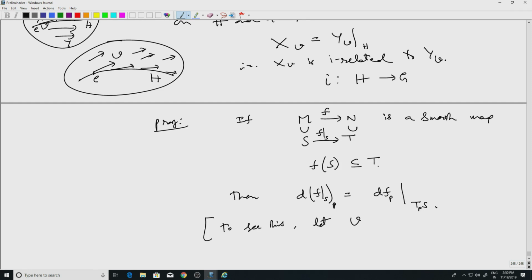You start with a tangent vector in S. We know that every tangent vector can be realized as the derivative of a smooth curve.